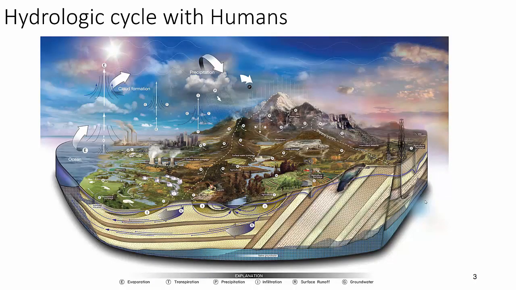Recall from last lecture that we described human impacts on the landscape and their impact on hydrology as being fairly consequential, and that the boundaries or the scope of those impacts are usually measured at the watershed scale.